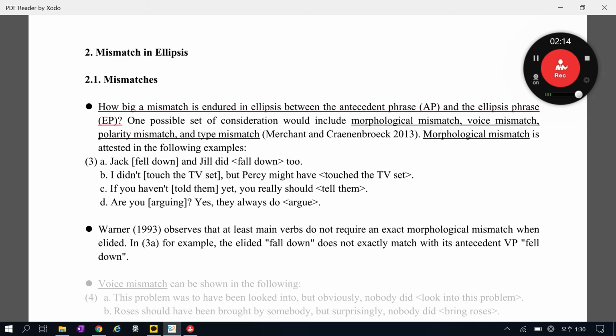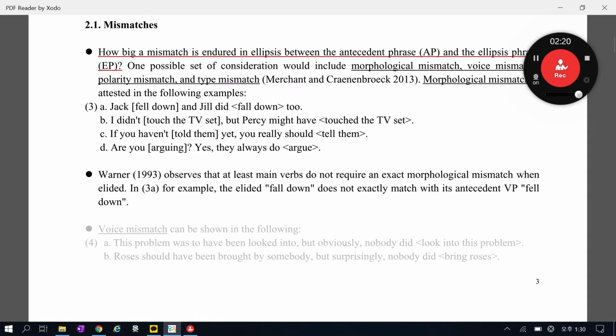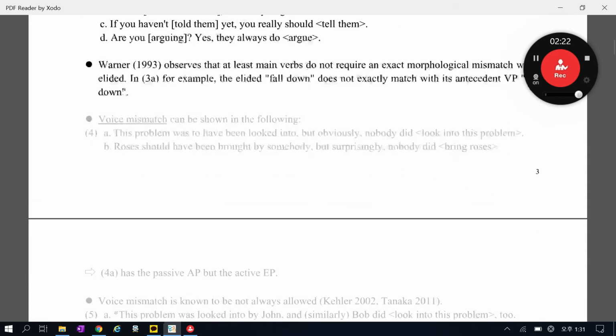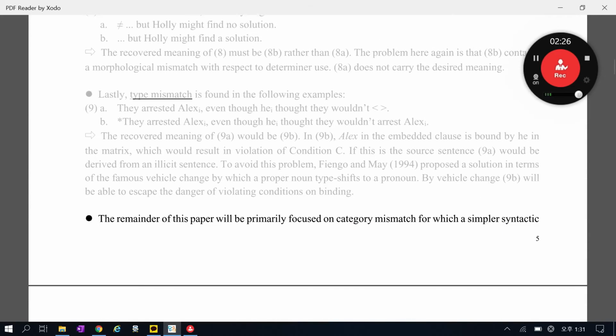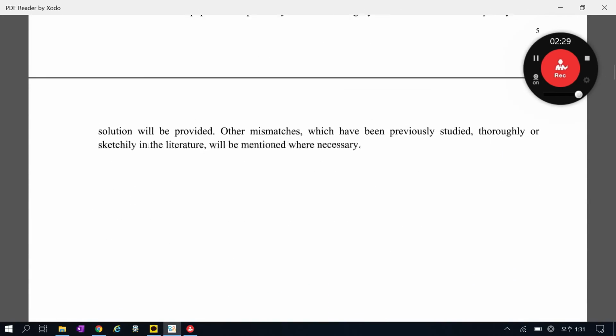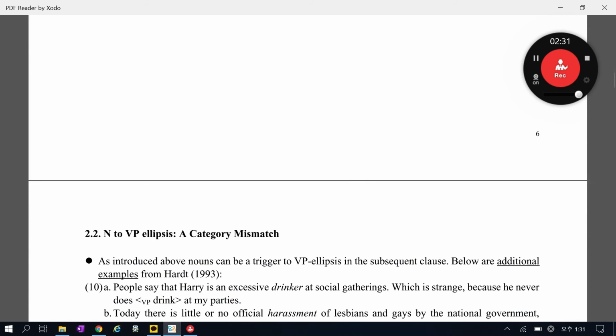The morphological mismatch examples are given in 3, and other examples are given below, but let me skip them for the sake of time, and go directly to the matter of category mismatch.